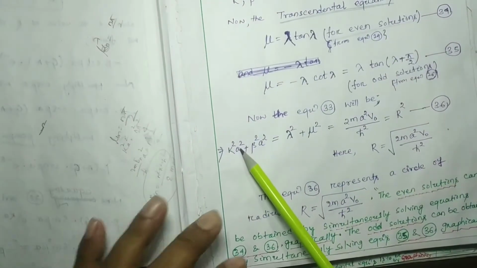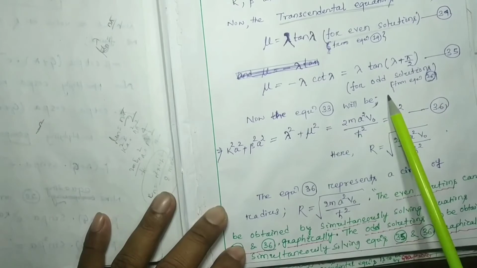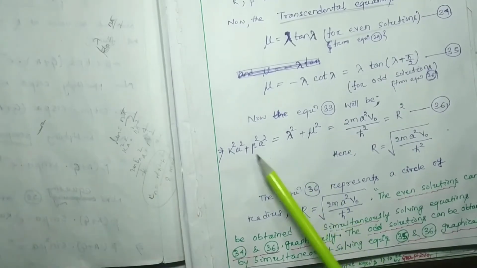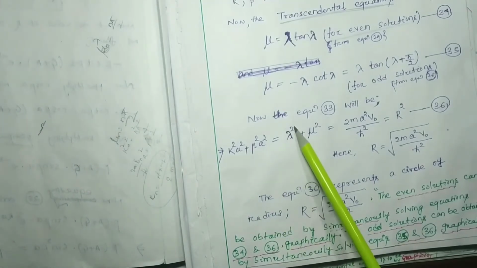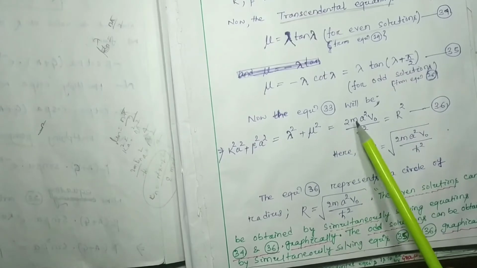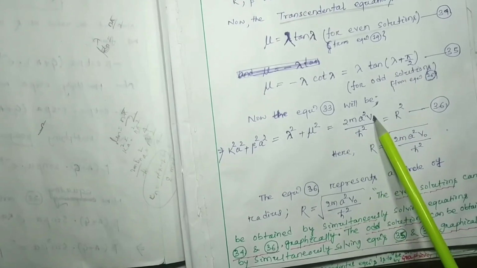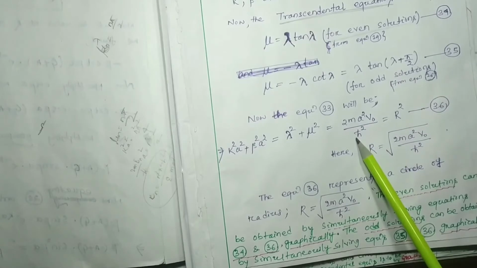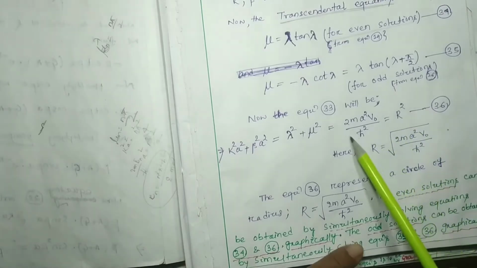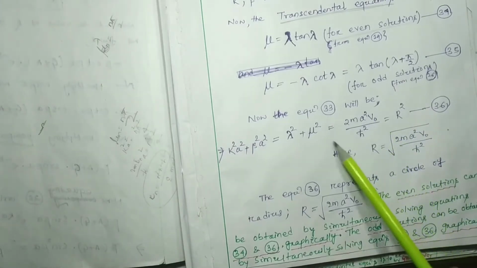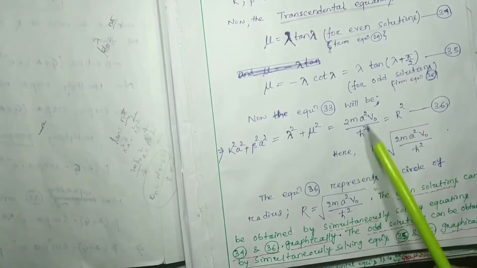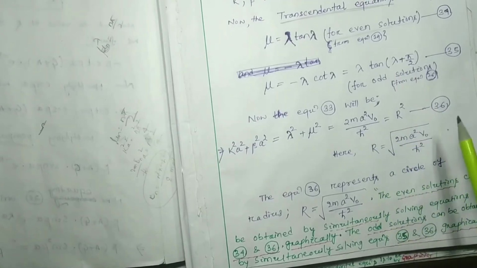So equation number 33 becomes lambda square plus mu square equal to 2m a square V0 by h cross square, which is equal to r square. Here this much value is considered as r square, or r equal to the root of this one. Let it be equation number 36.